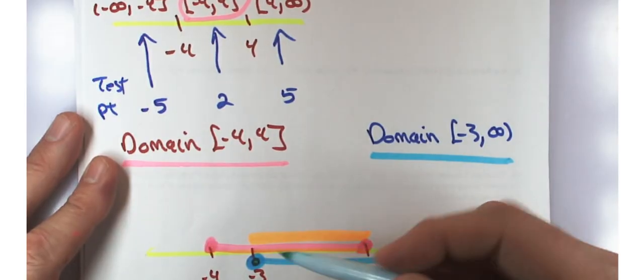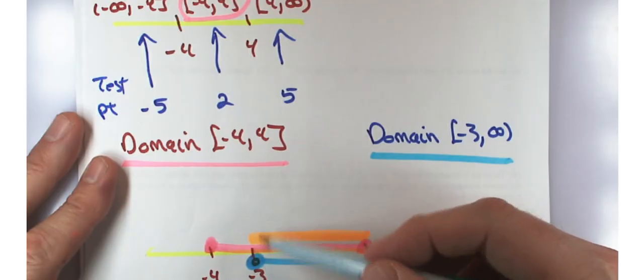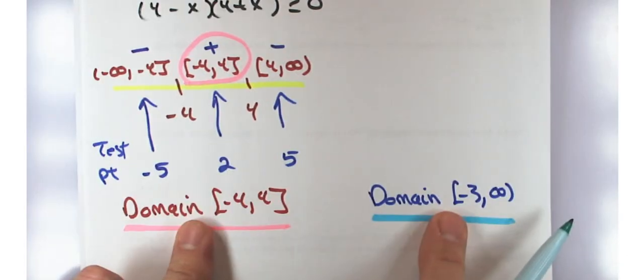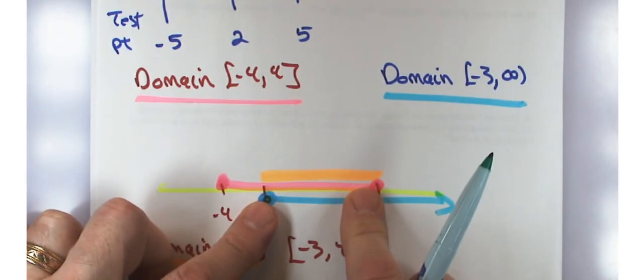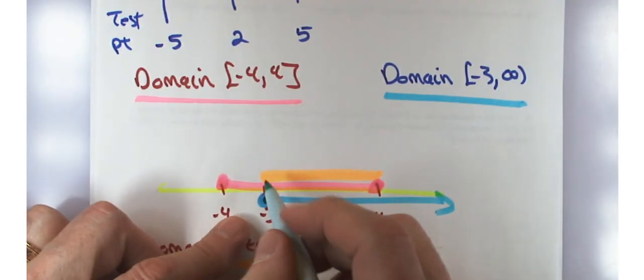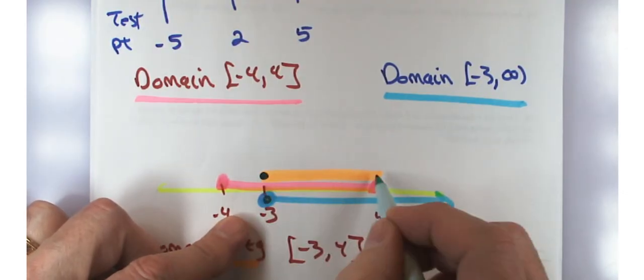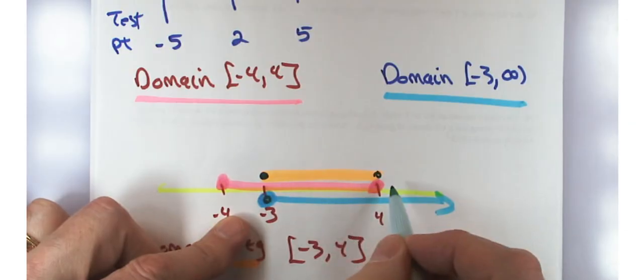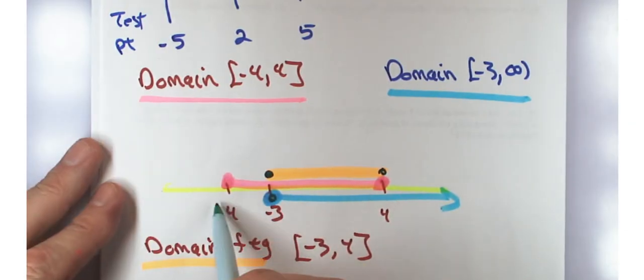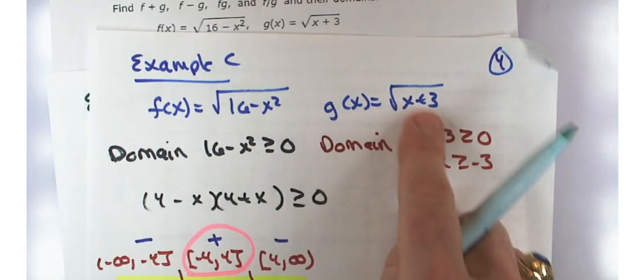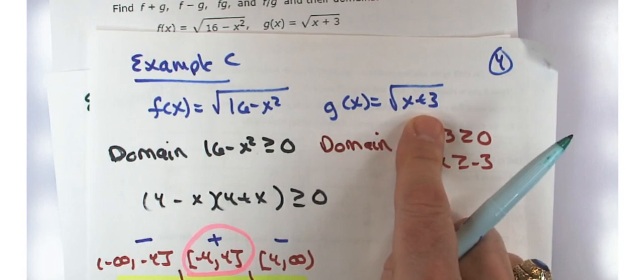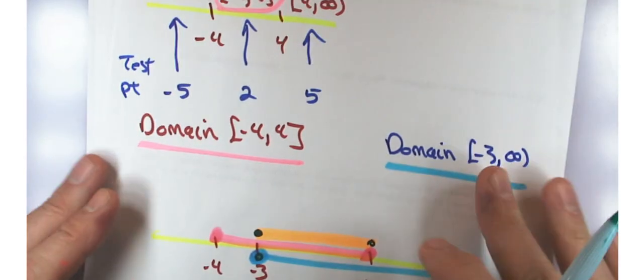Well, it has to be defined for both parts of the function to be defined as part of their sum. The only place where it's defined on both ends is in between these points, because to the left of -3, g of x is not defined. You'd be taking the square root of a negative number.